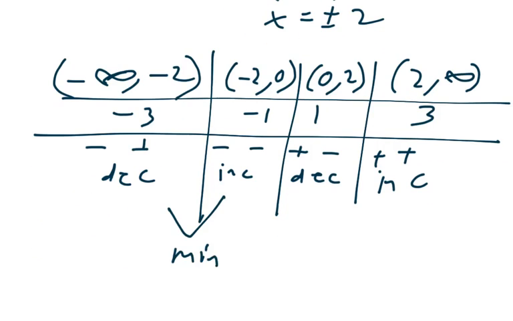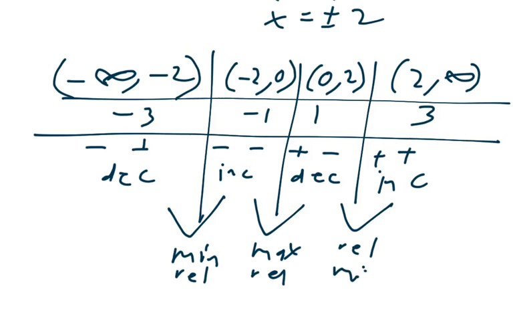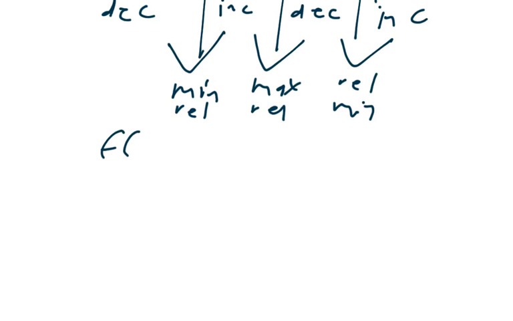So here I have a relative minimum, here I have a relative maximum, and here I have a relative minimum again. So when I plug in -2, I got the answer of 0 as my relative min.